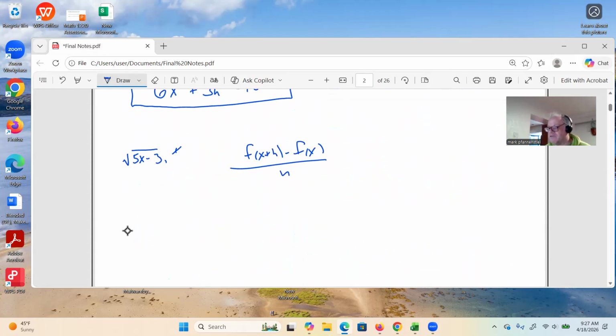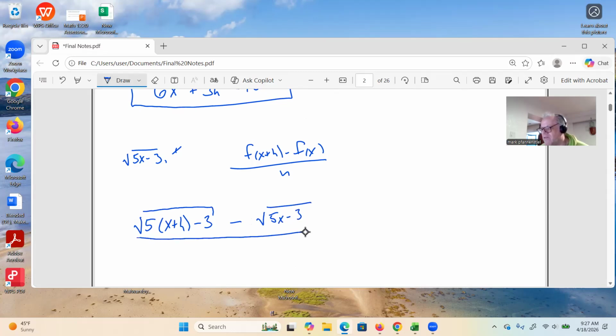So we're going to say we have the square root of 5, and everywhere we see an x, we replace it with x plus h, minus 3. This is all under a square root, minus the square root of 5x minus 3, all over h. Now, we have to figure out how to get rid of this h and what's going to happen here on the top.